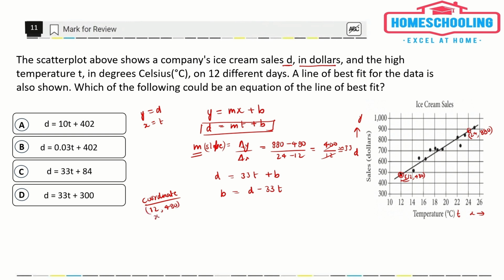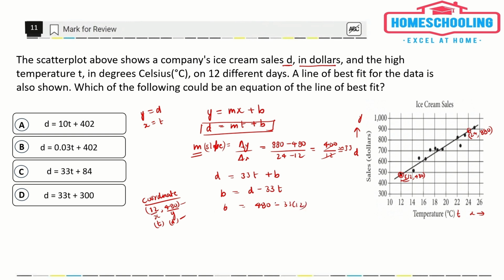So this is your x value, this is your y value, but here the x value is temperature, so this is your T, and the y value is sales in dollars, that is D. So we are going to put these coordinates in this equation. So b is equal to D, D is 480. 480 minus 33 times T, and T is 12.